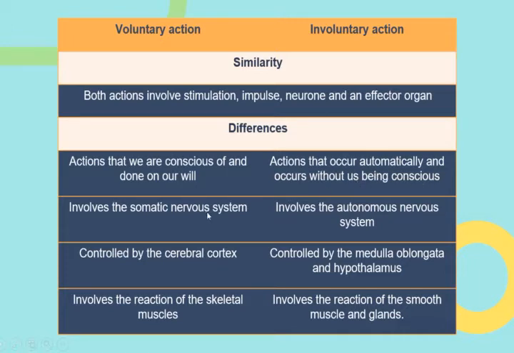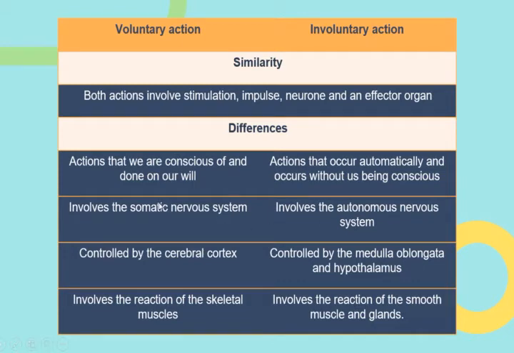Now we go to the second difference. Voluntary action involves the somatic nervous system. We know that the somatic nervous system is one of the peripheral nervous systems. The peripheral nervous system can be divided into two subsystems, which are the somatic system and the autonomic nervous system.